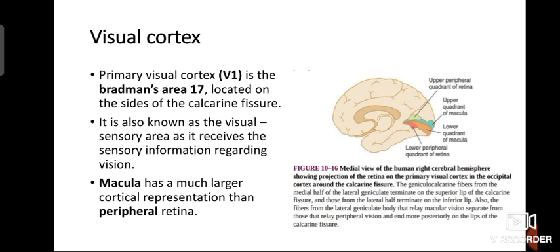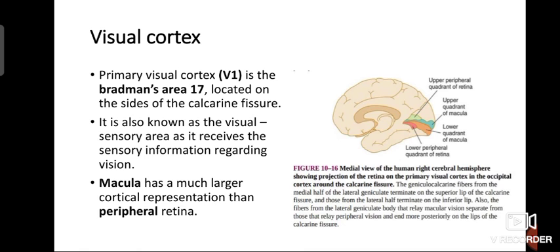So now the visual cortex. Primary visual cortex V1 is Brodmann's area 17, located on the sides of the calcarine fissure. It is also known as the visual sensory area, as it receives the sensory information regarding vision. The macula has a much larger cortical representation than the peripheral retina. In this diagram, there is the upper peripheral quadrant of the retina, upper quadrant of the macula, lower quadrant of the macula, and lower peripheral quadrant of the retina.